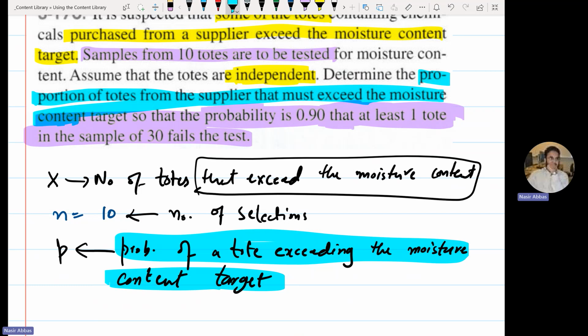Read it again. Digest it. Don't read what is given. Read what is required.